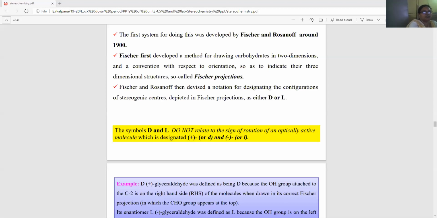By this, we can see the conformational analysis. You have the totally eclipsed one which has the highest energy. Then gauche, then eclipsed, then anti, then eclipsed, then gauche, and then totally eclipsed.